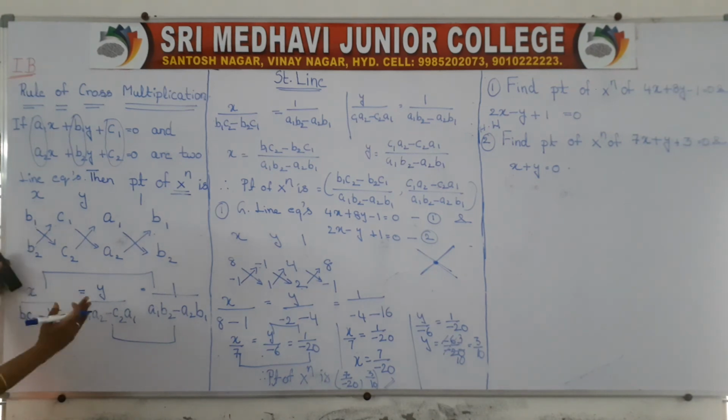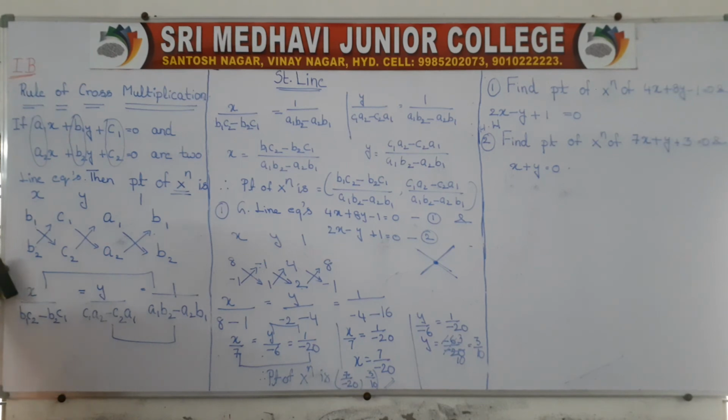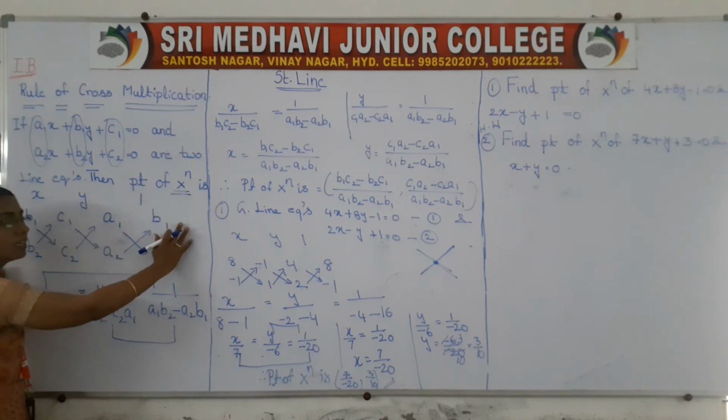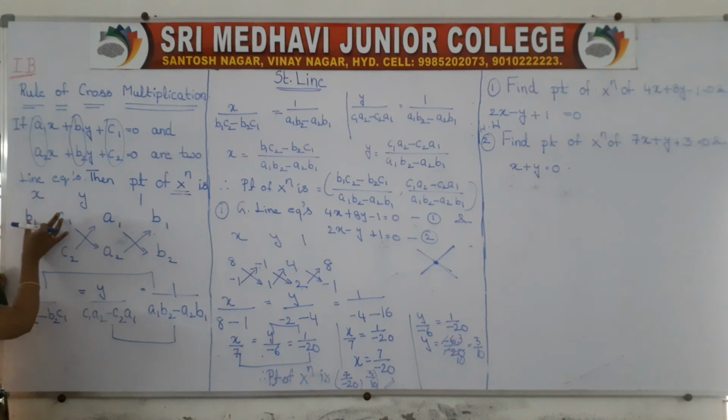Always first y coefficient. Generally x coefficients come first, but in this cross multiplication, first y coefficients, then constant, then x coefficient, then y coefficient. Remember this. After that, in the middle of the first two you have to write x, in the middle of the next two you have to write y, in the middle of the last two you have to take 1. Right?